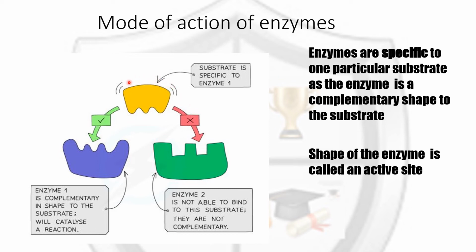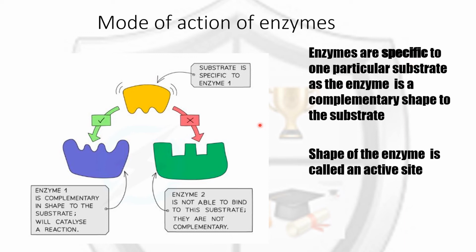The substrate molecule that will be catalyzed by the enzyme needs to have a shape that can fit into the active site. So if the shape of the substrate molecule cannot fit into the active site, like in this case, this enzyme will not catalyze the reaction that has this substrate. Because of that, enzymes are specific.